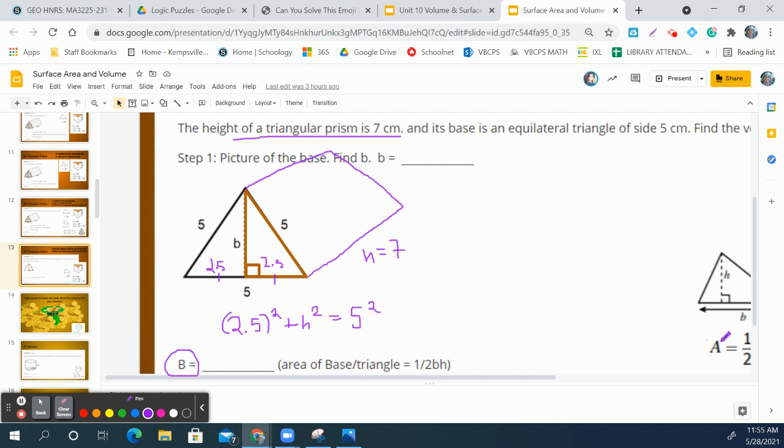In order to do this area equals 1/2 base times height, we've got to find this height. And we find the height with Pythagorean theorem. So if I do 2.5 squared and 5 squared, and I subtract them, and then I take the square root, what's h equal?